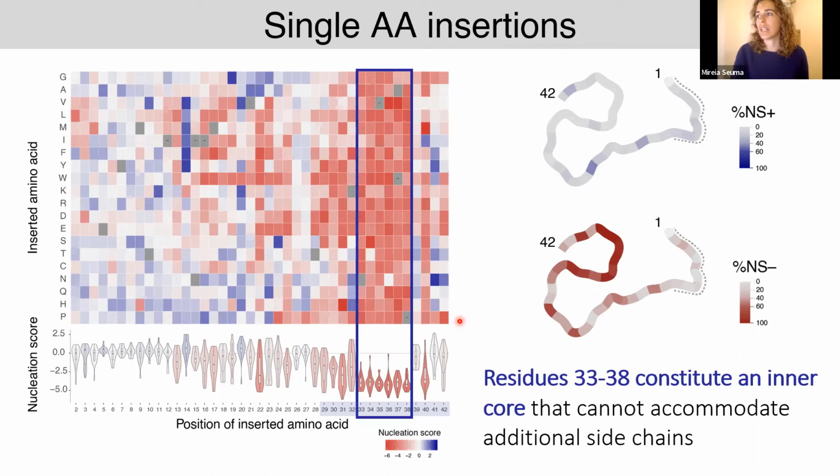For example, it allows us to identify a specific stretch at the C-terminus, between residues 33 and 38, where virtually none of the insertions is tolerated. And here we think that these residues constitute an inner core of the nucleating sequence that cannot accommodate additional side chains. Here, substitutions would be allowed, some of them, but not adding one extra amino acid.